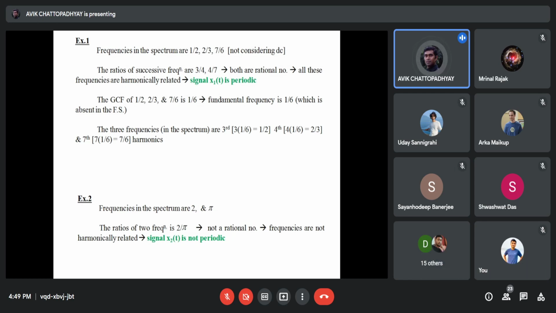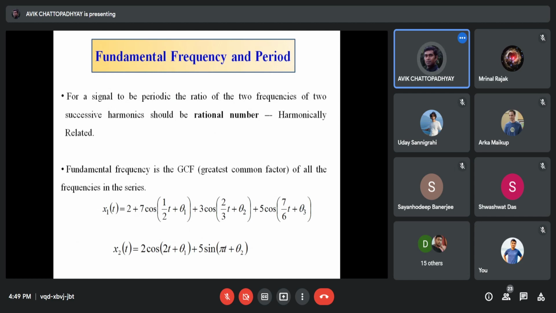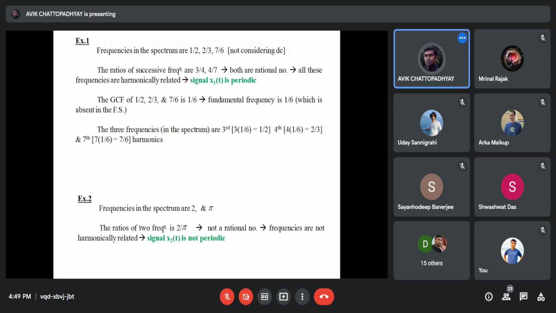But the fundamental frequency is 1/6, which is actually absent in this representation.